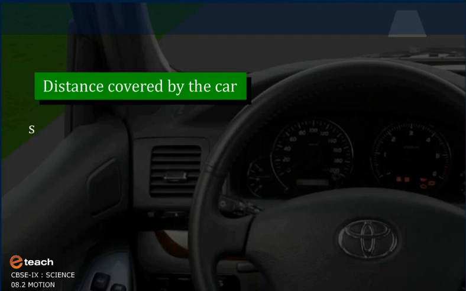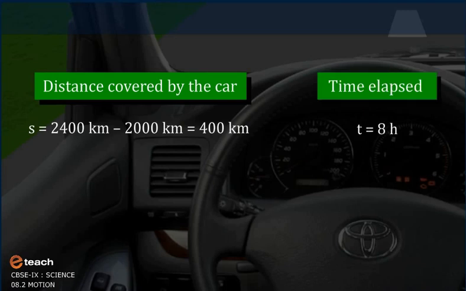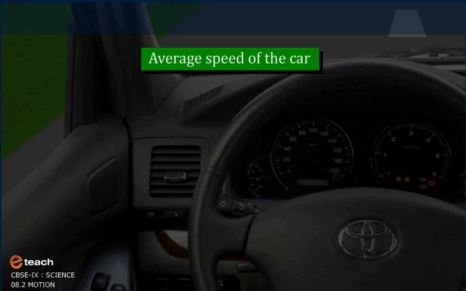Solution: distance covered by the car, s, is equal to 2400 km minus 2000 km, that is equal to 400 km. Time elapsed, t, is equal to 8 hours. Average speed of the car, v_av, is equal to s divided by t, that is equal to 400 km divided by 8 hours, that is equal to 50 km per hour.